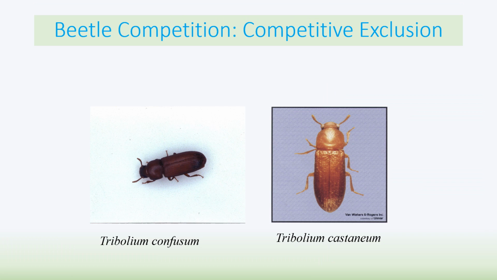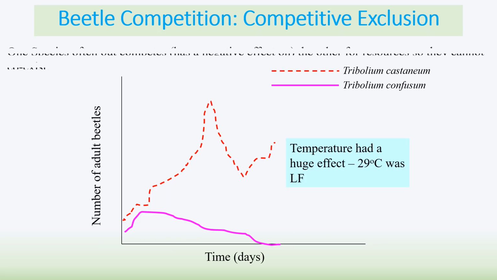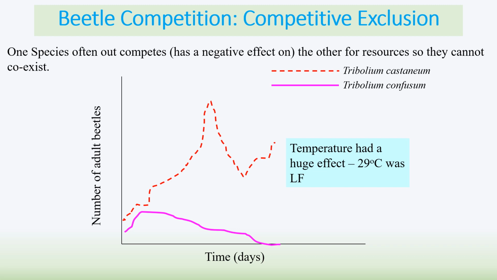And we know this because of a study using beetles. So we have two forms of beetles here. One of them is on their own, they will live quite happily, but when you put them together, they will compete, and one species will outcompete the other one. So this has been proven to happen in a lab and has been seen in the natural world as well.